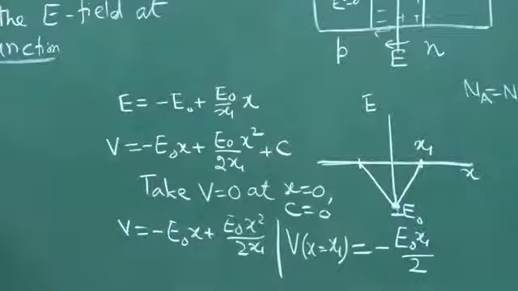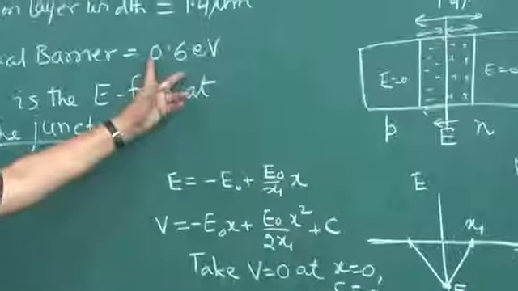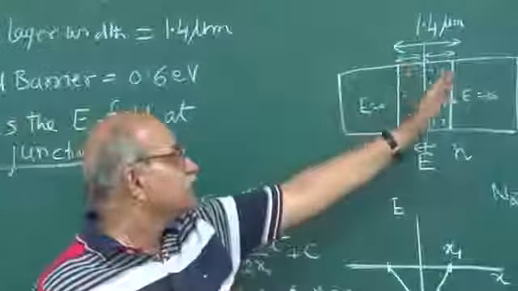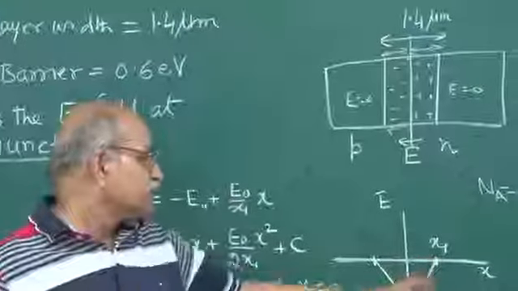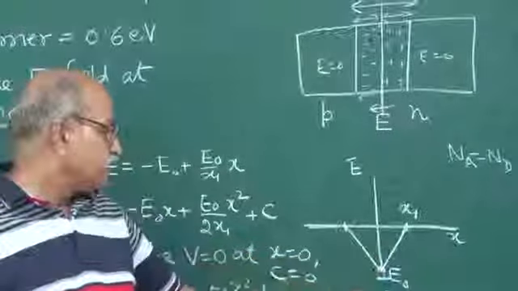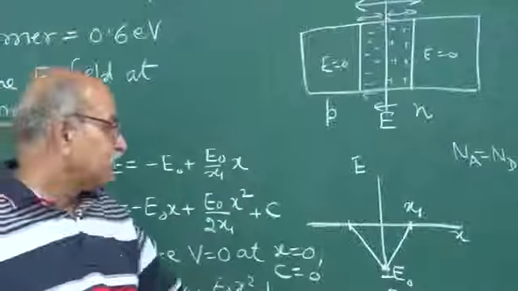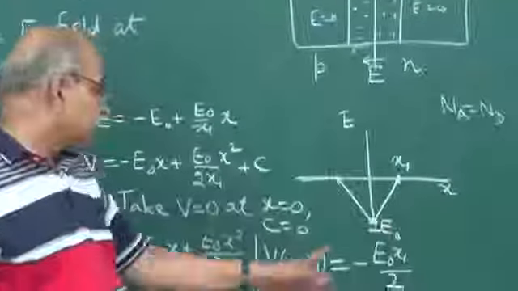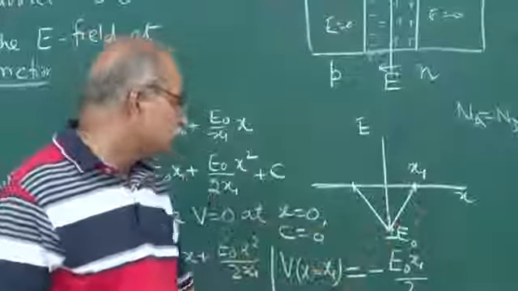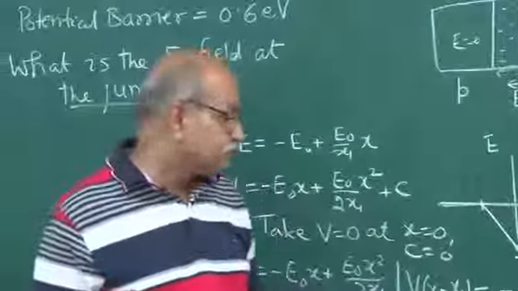But the total potential barrier is 0.6 electron volt, and it is symmetric. So if you have 0 potential here and this side it is something, the same will be on the other side. The difference from x equal to 0 to x equal to x1 should be 0.3 volts.